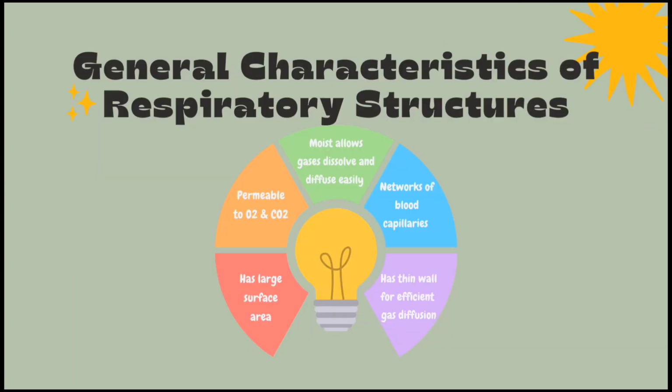So up to this point, you should remember the general characteristics of the respiratory structure, as almost all of them have the same characteristics. Firstly, it must have a large surface area. Second, it is permeable to respiratory gases. Third, it has to be moist to allow gases to dissolve and diffuse easily.